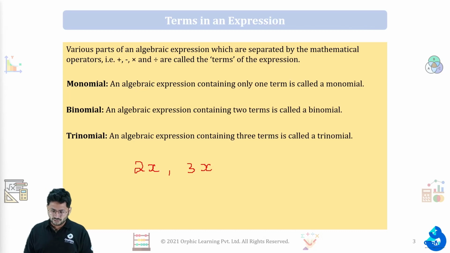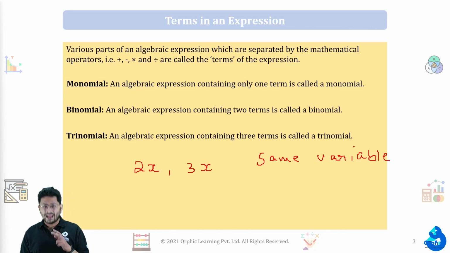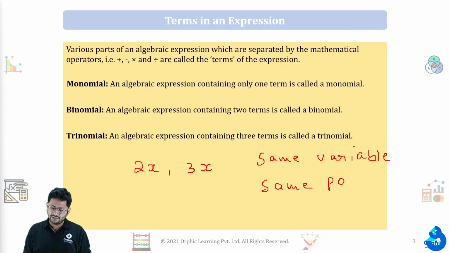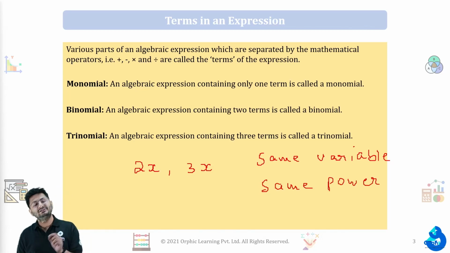First of all, both terms should have the same variable. And the second condition is that on the variables there should be the same power. अगर मेरे पास दोनों ही टर्म्स में सेम वेरिएबल है और उन वेरिएबल्स पे सेम पावर है, both the conditions should follow, then only we can say that both the terms are like terms.